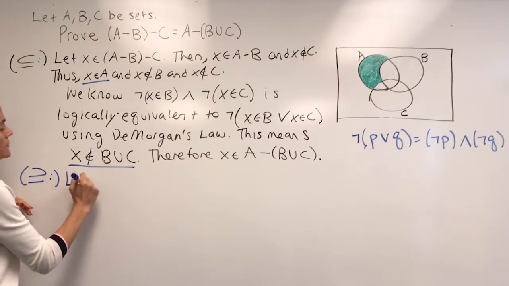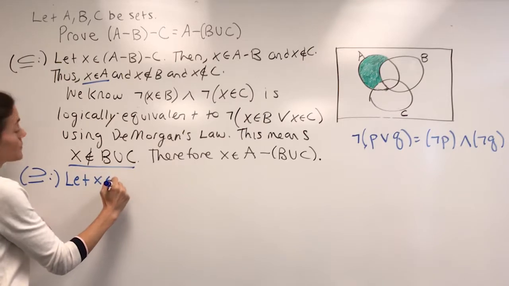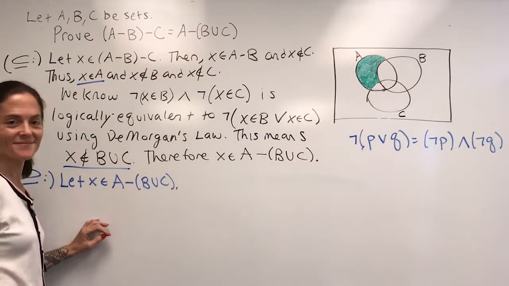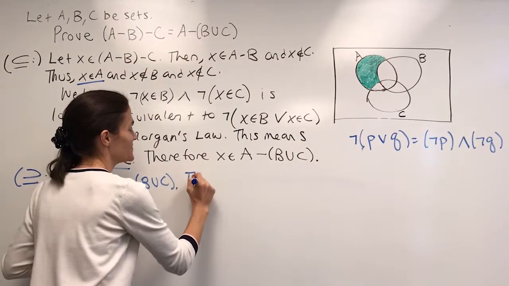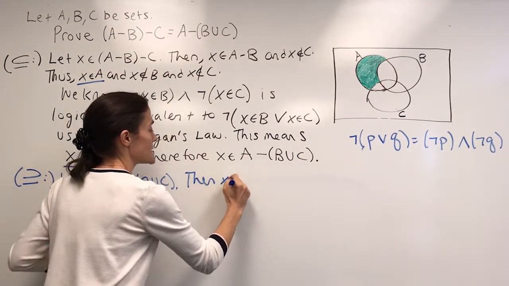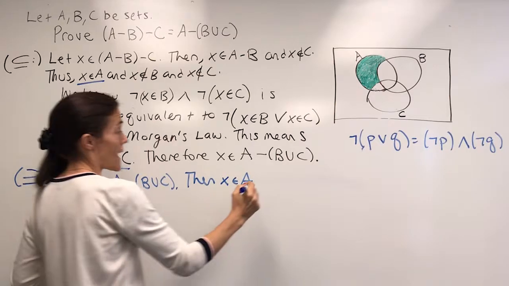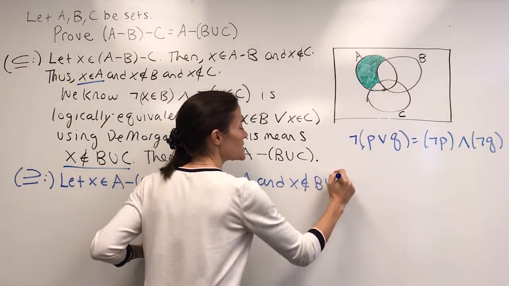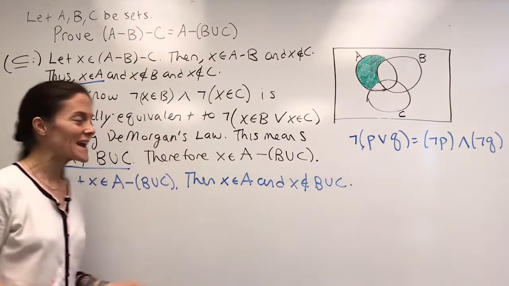So now, X in A minus the union, and then X is in A, and X is not in B union C. Now let's go back to logic.